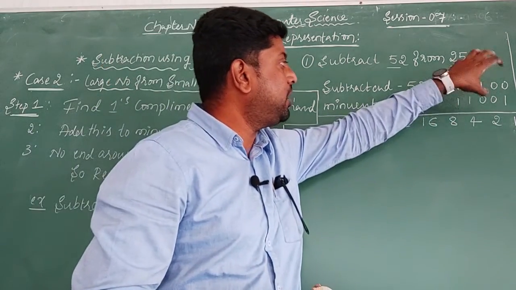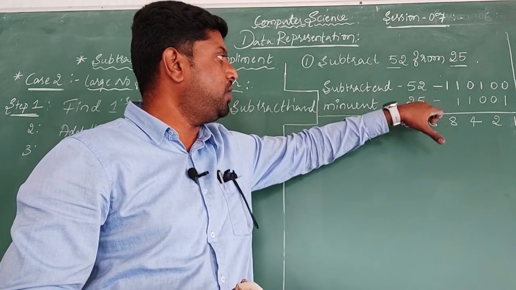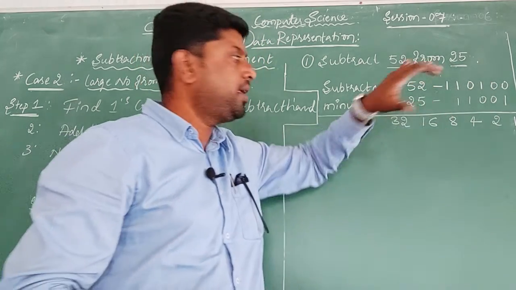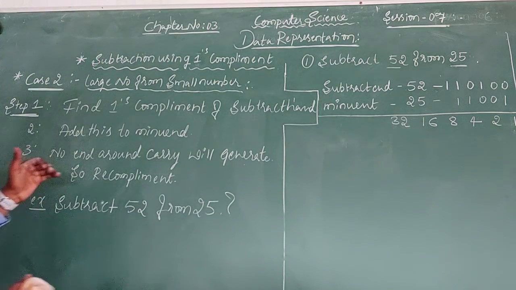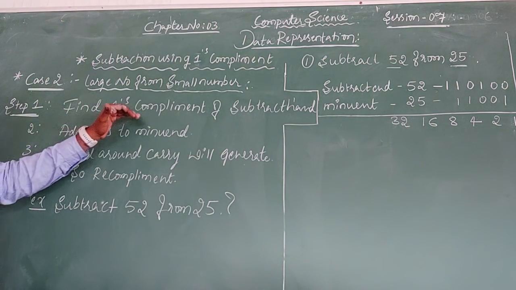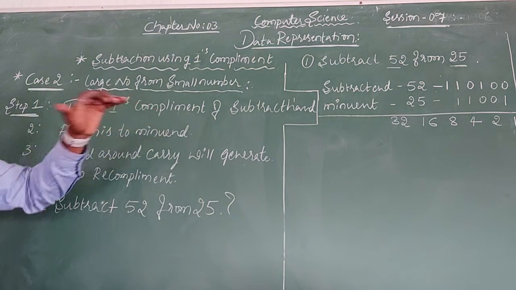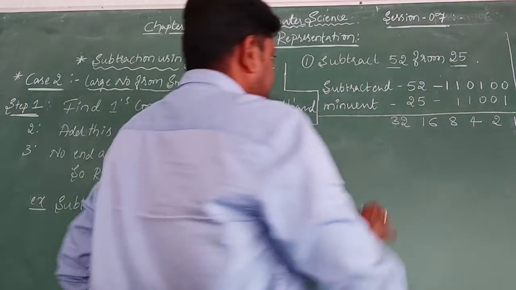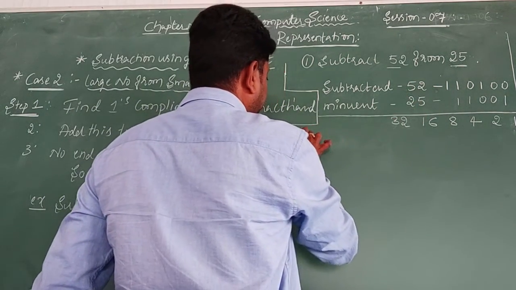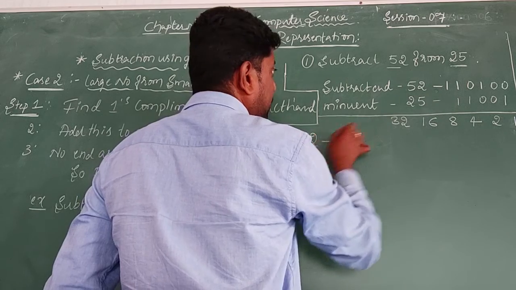Now we have the two binary numbers for 52 as well as 25. Then the step says to find the ones complement of the subtrahend. First we consider the subtrahend, 52, with its binary digits.